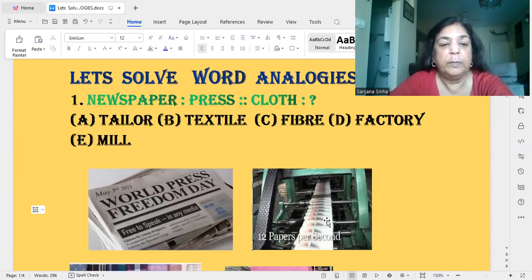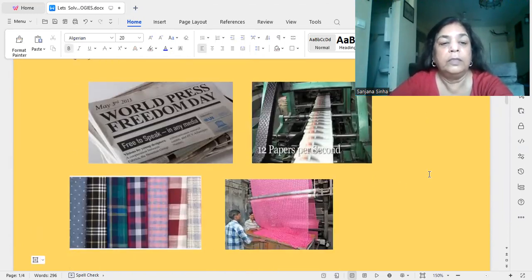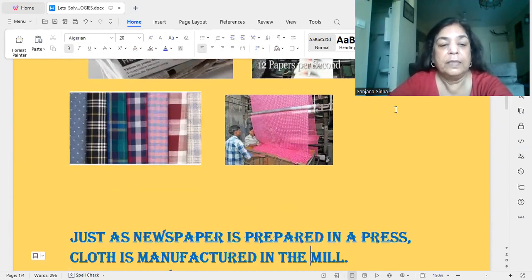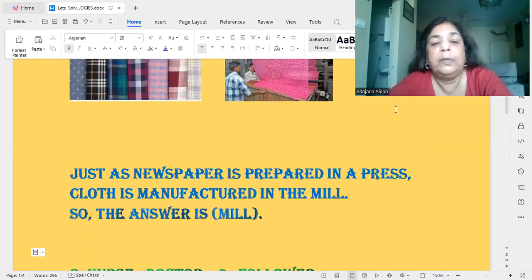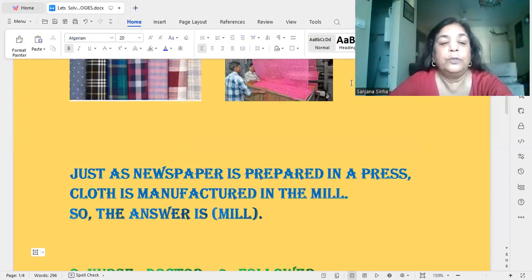Here your answer is mill. Solution: just as the newspaper is prepared in a press, cloth is manufactured in the mill.